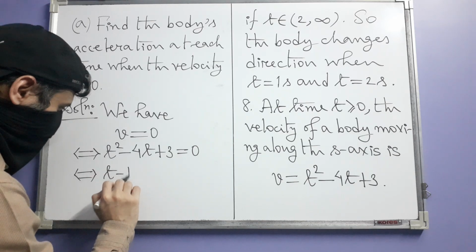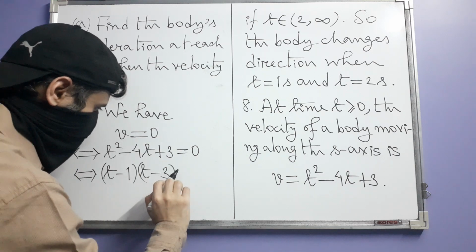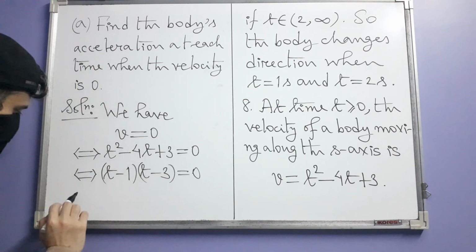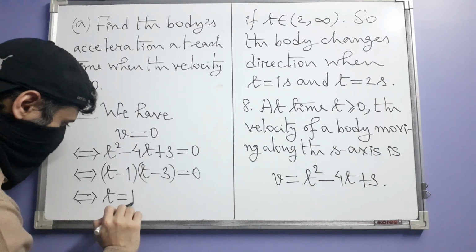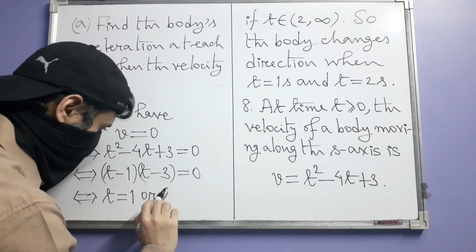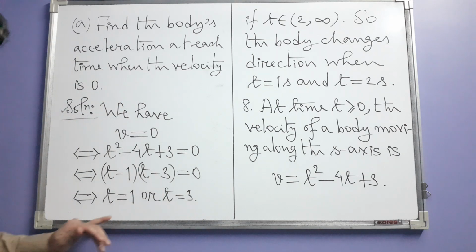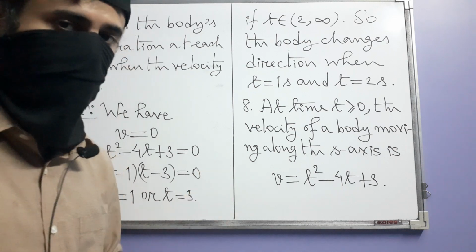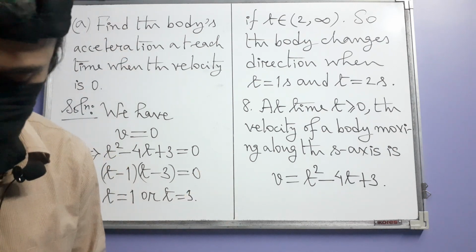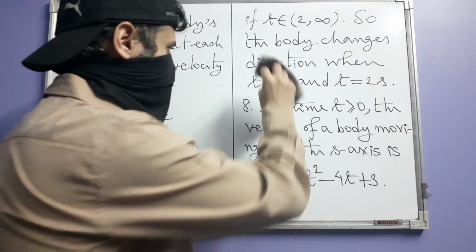You can see that this factors, if and only if t is either 1 or 3. So either at the instant 1 second or at 3 seconds, the body stops because its velocity is 0. At these instants, we have to find the acceleration.